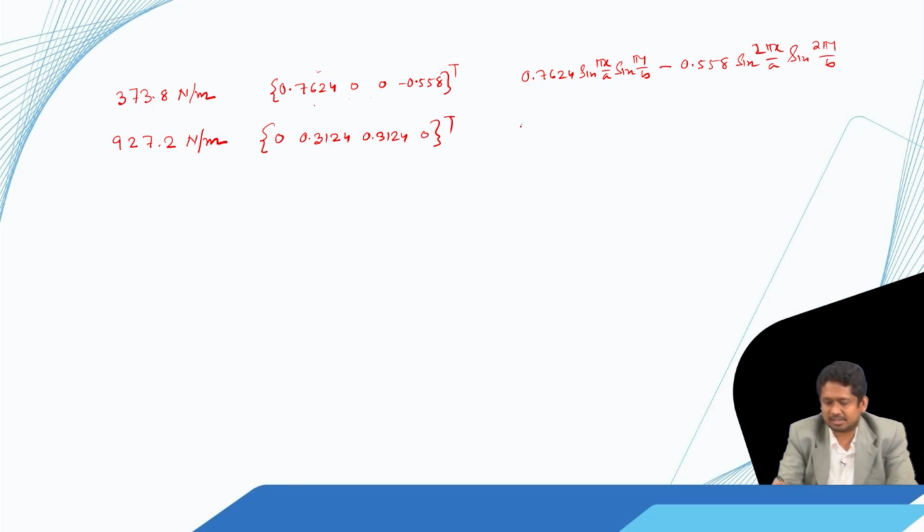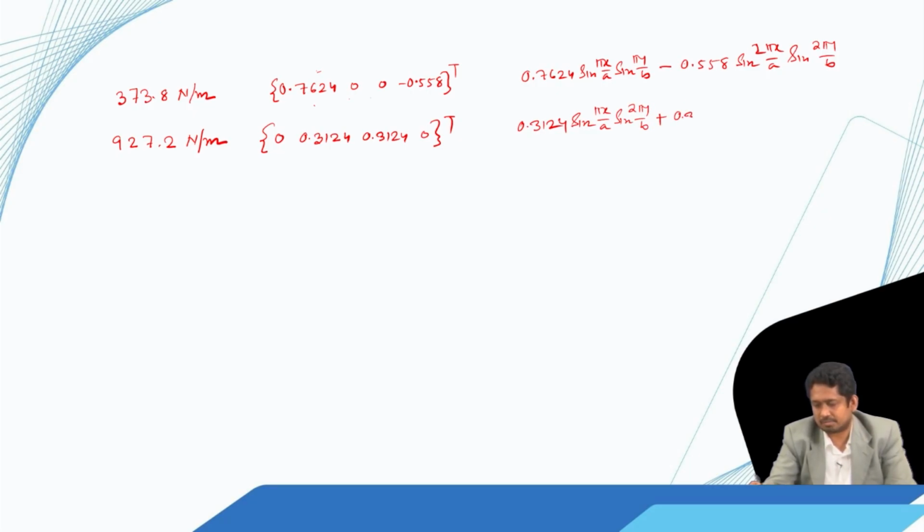So, with this I get 0.3124 into sin pi x by a sin 2 pi y by b plus 0.3214 into sin 2 pi x by a multiplied by sin pi y by b.